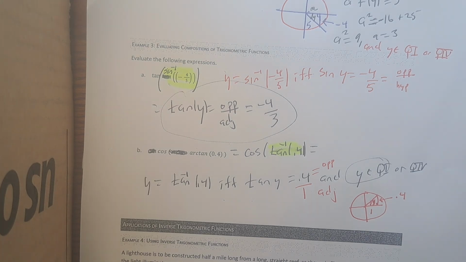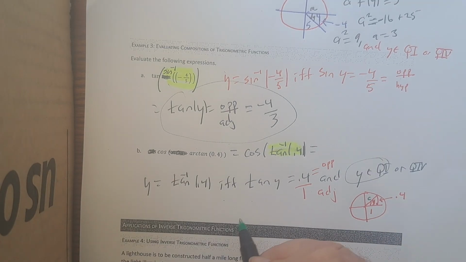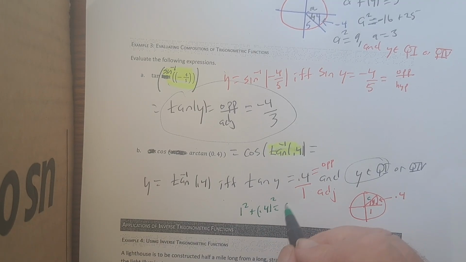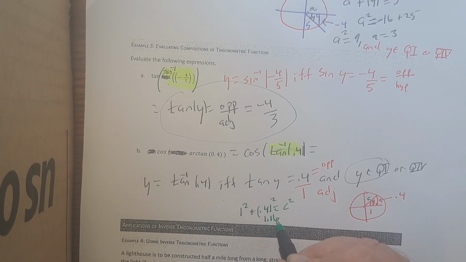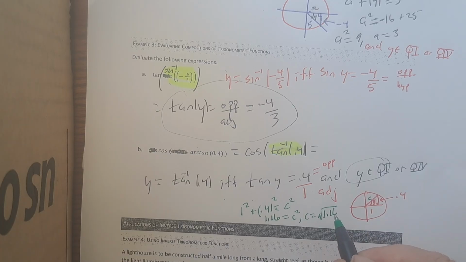And then I can use Pythagorean's theorem. I'll call it C for the hypotenuse. And the fact that 1 squared plus 0.4 squared is C squared. So if you add that together, you get 1.16. So C is the square root of 1.16.